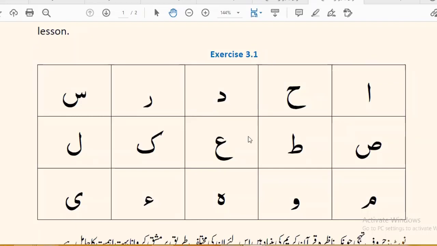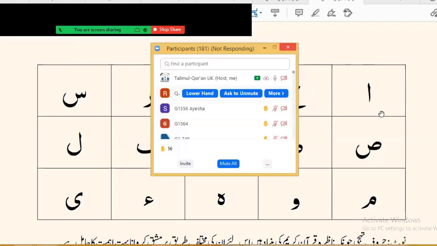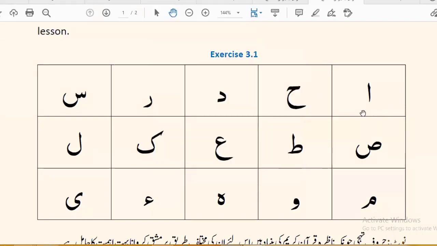Could we have G1828? Assalamu alaikum. Wa alaikum assalam. How are you? I'm good. How are you? Alhamdulillah, I'm very well. Just one moment, my screen has stopped. All right, okay, there we go, we're back on.